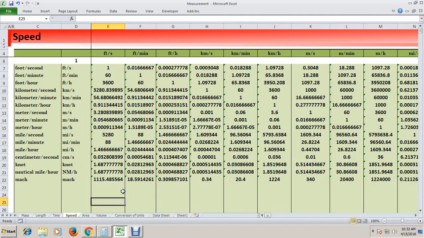That means the speed of an object, how fast the object is moving, is a measure of two quantities combined together to form the quantity speed. Particularly, to measure speed, you need to measure the length, meaning the distance covered by the object, divided by time, or the time it takes to cover that distance. So dividing distance over time, or length over time, gives you the quantity speed. Therefore, speed is not a basic quantity but a derived quantity.